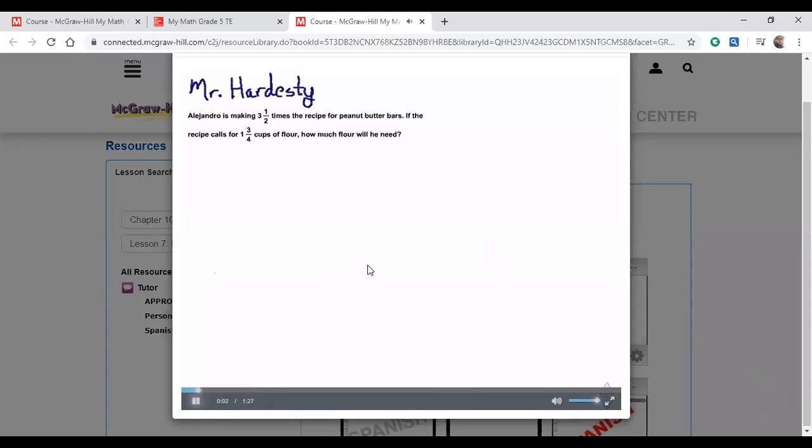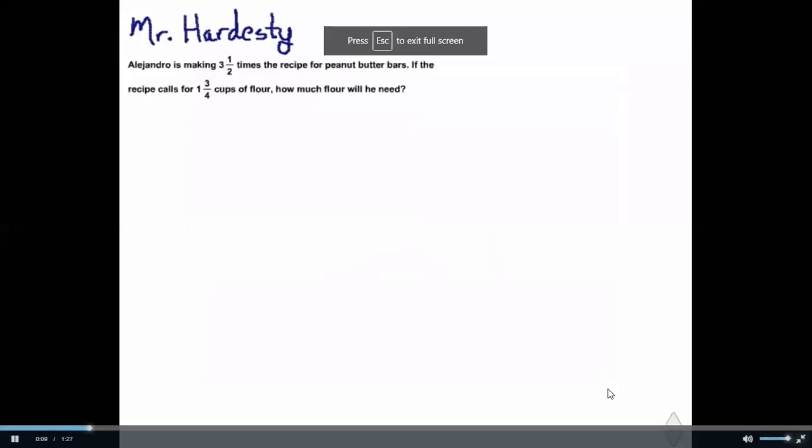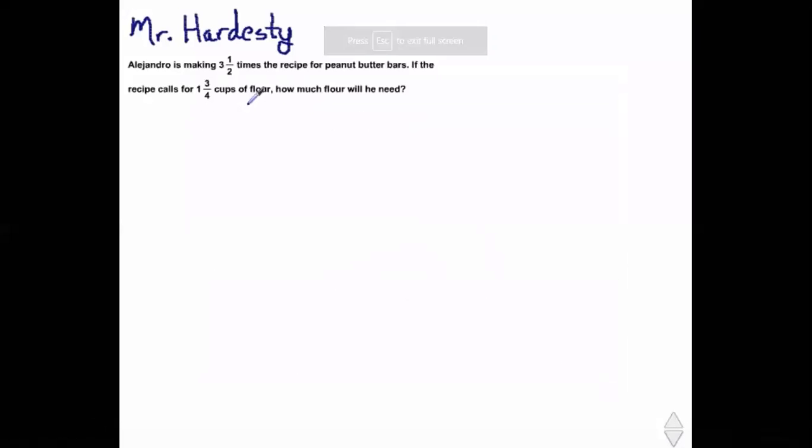Hi boys and girls, this is Mr. Hardesty. We're going to use a cooking example to multiply mixed numbers. Alejandro is making 3.5 times the recipe for peanut butter bars. If the recipe calls for 1 3/4 cups of flour, how much flour will he need? In this problem we need to multiply 3.5 by 1 3/4.